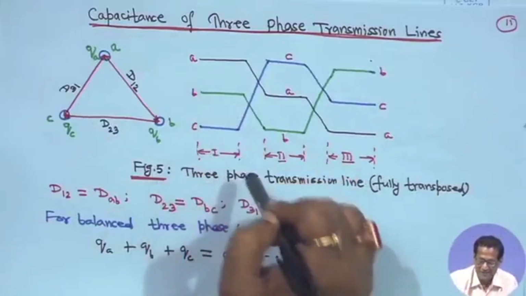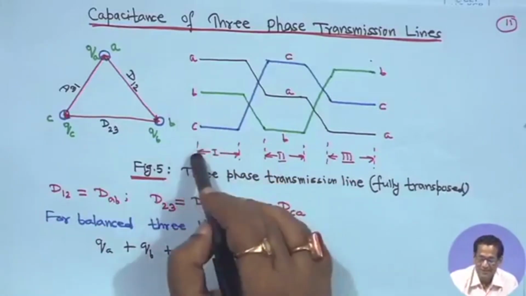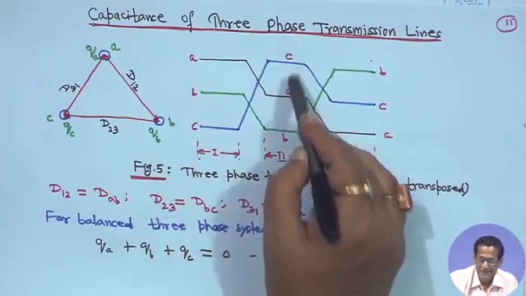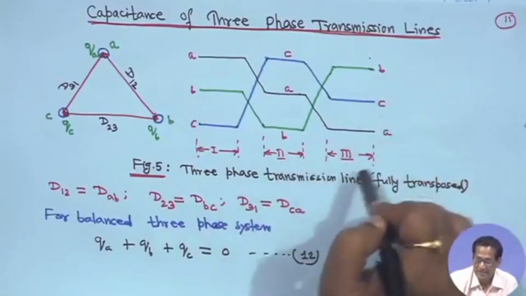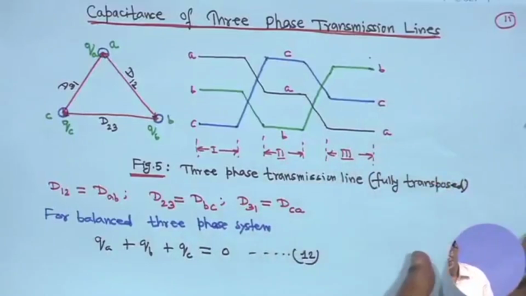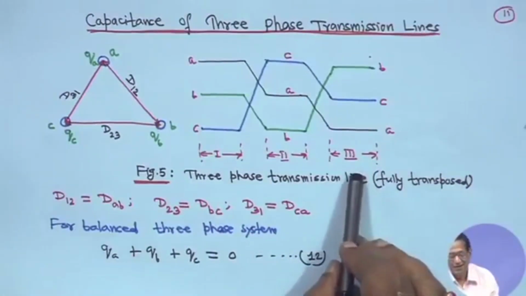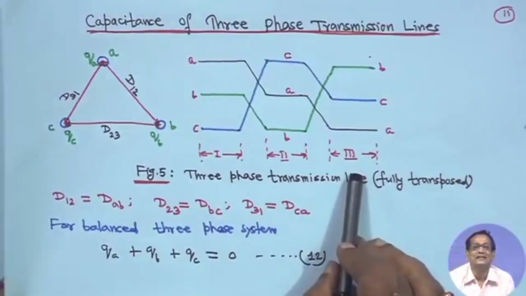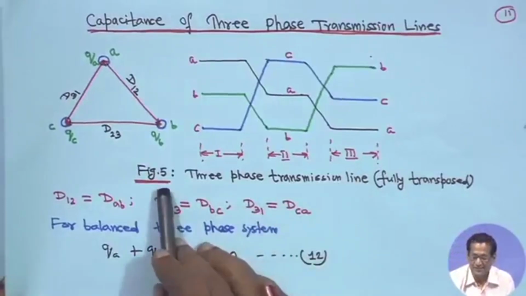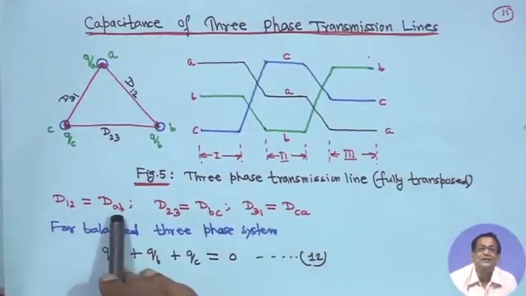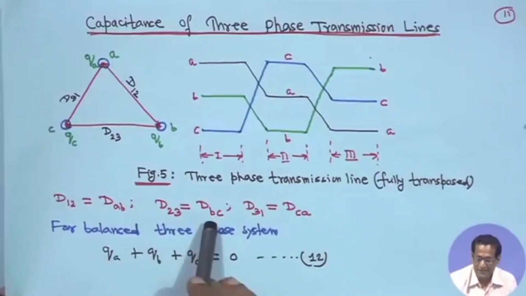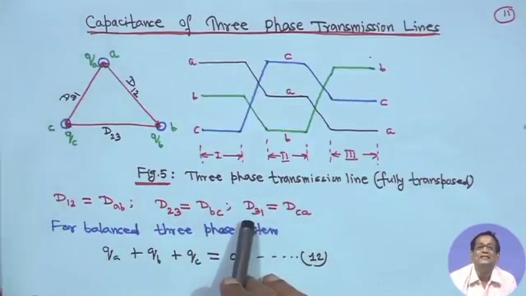So, the first section is ABC, the next section will be CAB, that is section 2, and the third section will be BCA, this is the third section. This we have already seen for the inductance. So, this is the 3-phase transmission line, figure 5, fully transposed, but here I have written D12 for DAB, D23 for DBC and D31 for DCA.